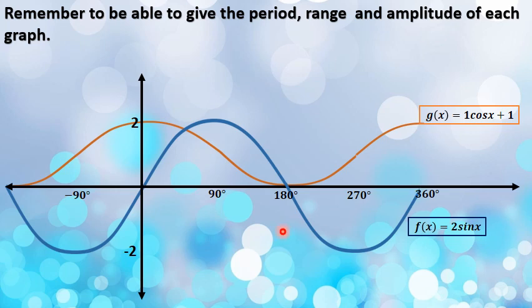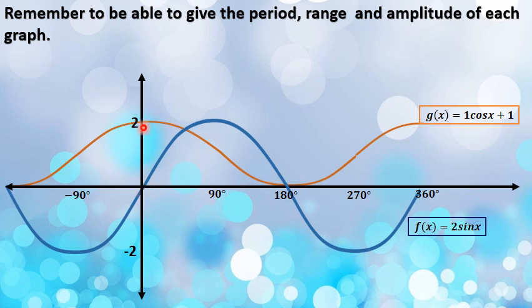Range is always just an interval, starting at your smallest y value, ending at your biggest y value. So for f(x), the range is y is an element of [-2; 2], and we use square brackets. The range for the orange is y is an element of [0; 2], because we talk about y values when we're dealing with range.